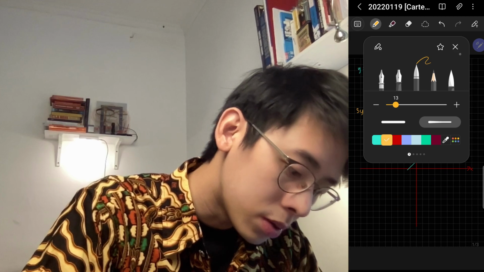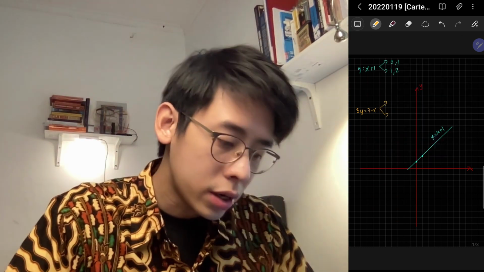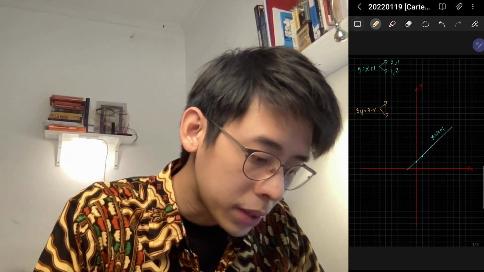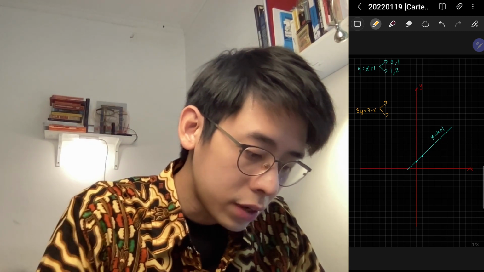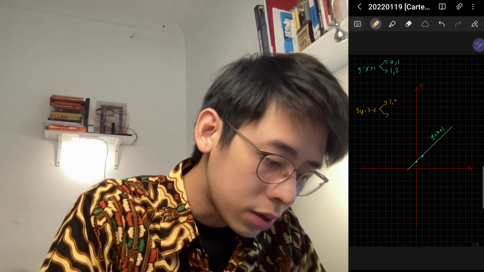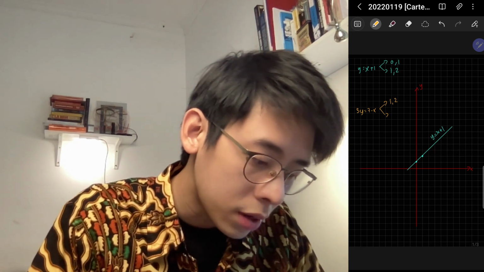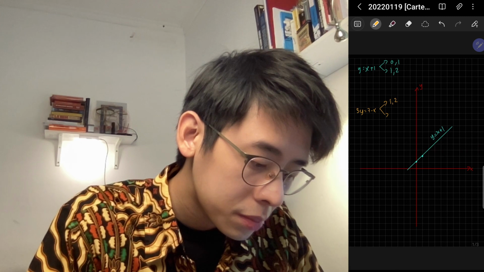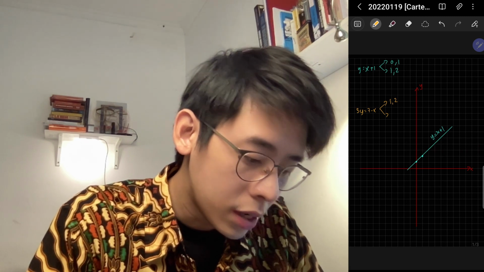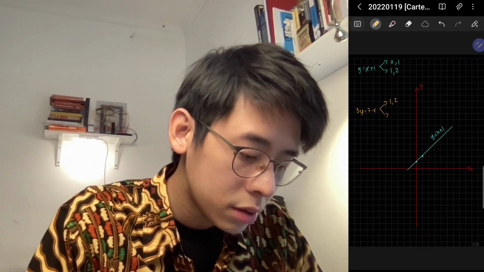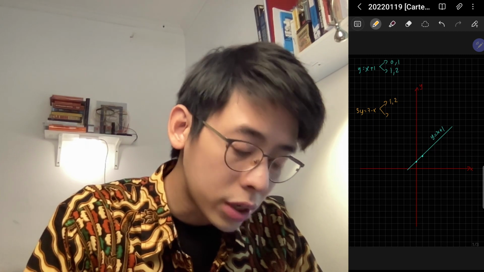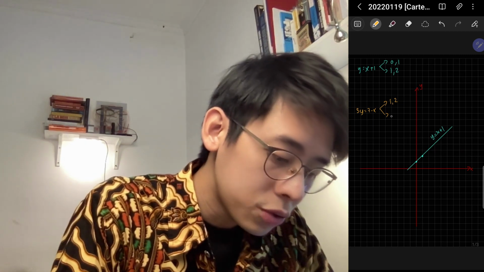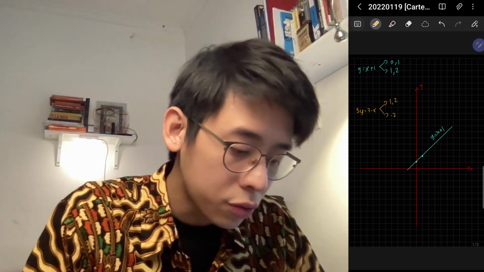The next line that we are going to find is y equals 7 minus x. So if x is 1, then y is 2 as well. Then we try to find a number that is going to fit there.